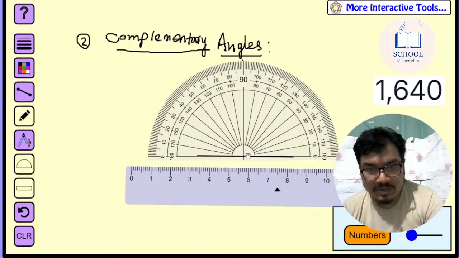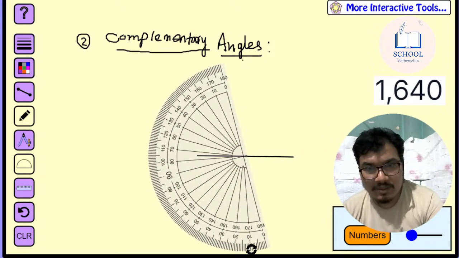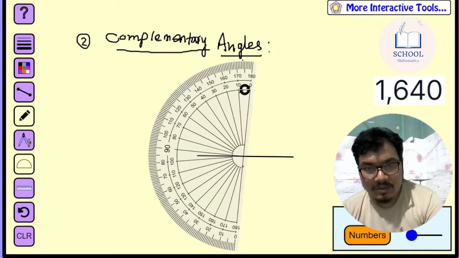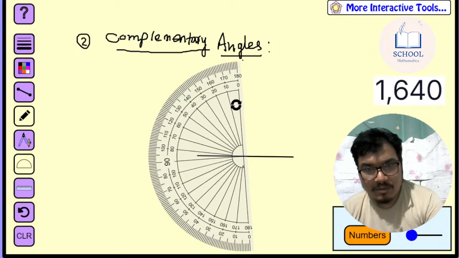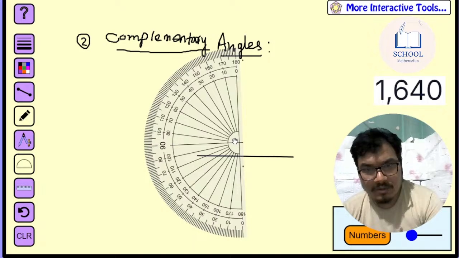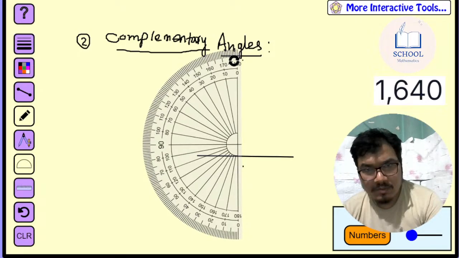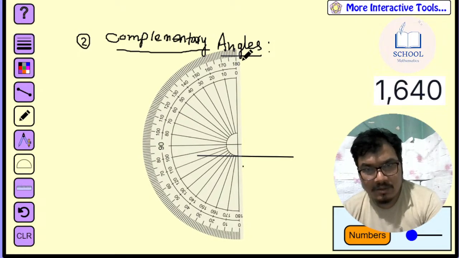Okay, if you join this with this point, see here, like this, join it. Put it straight like this, and join here, okay. See, like this.